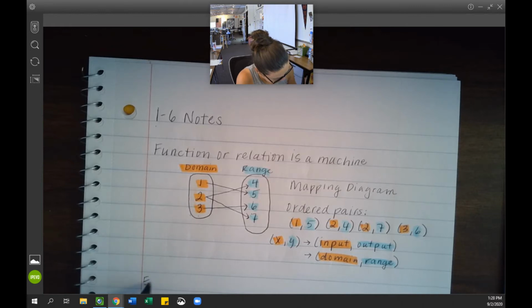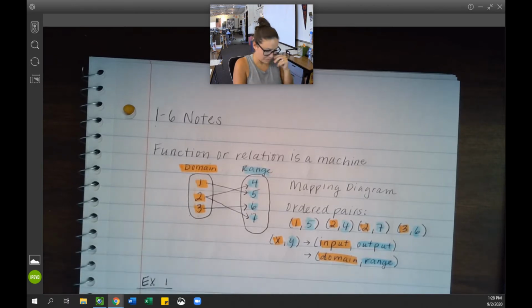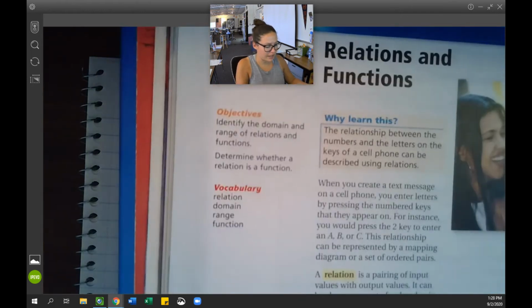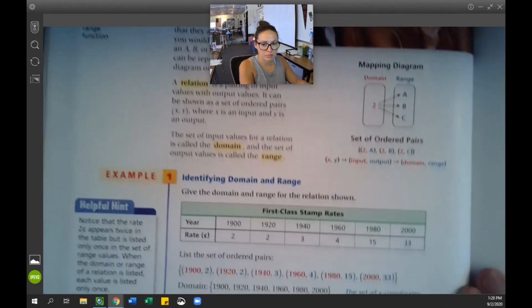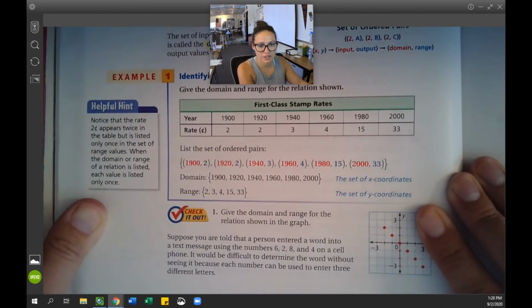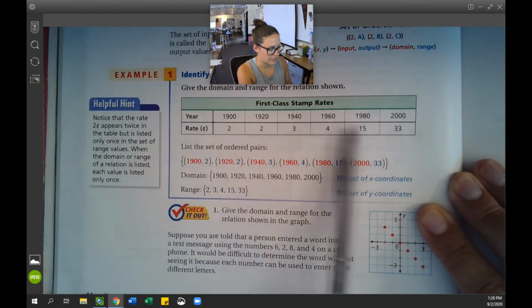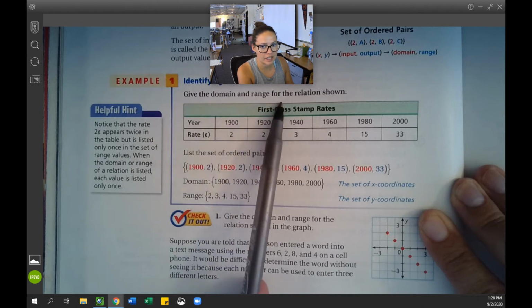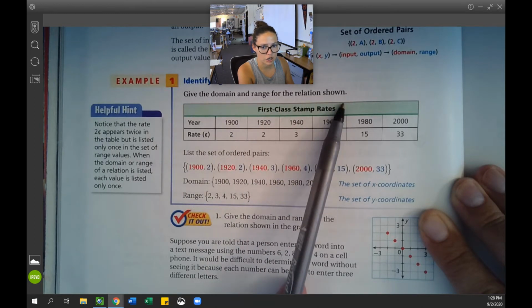Okay, let's try an example here. I'd like you to look at the chart on page 44, this one right here. And what does it say to do? It says to give the domain and range for the relation shown.